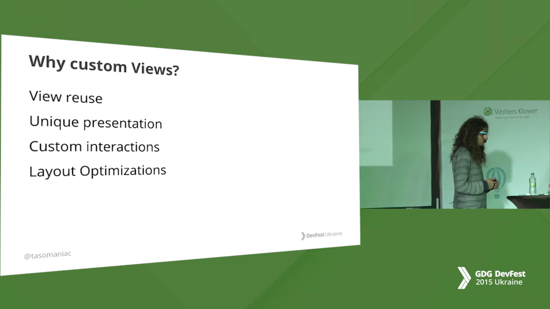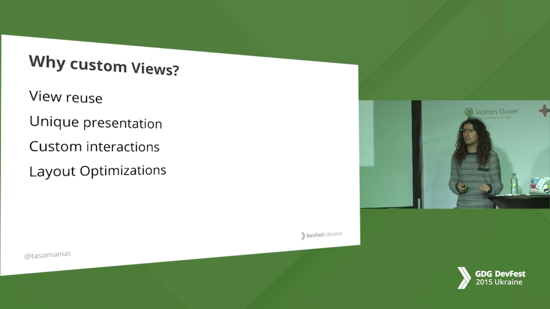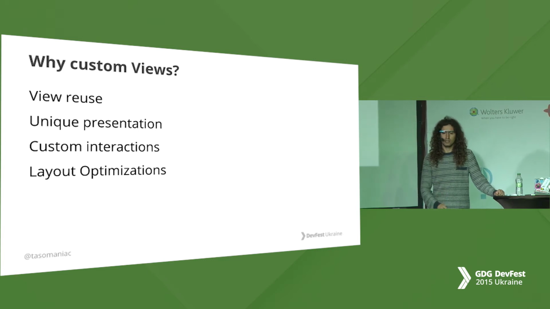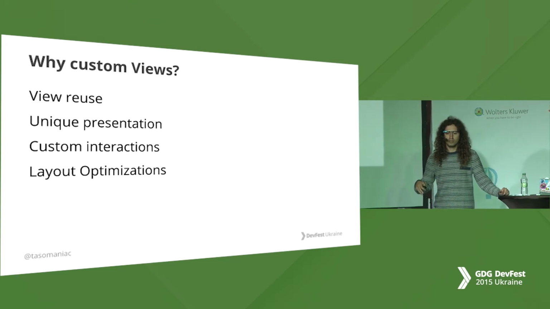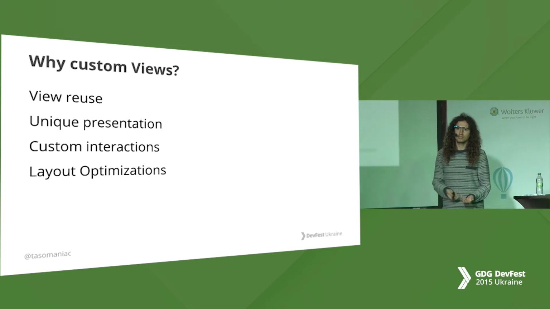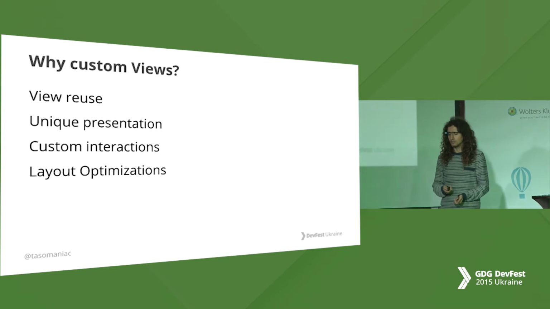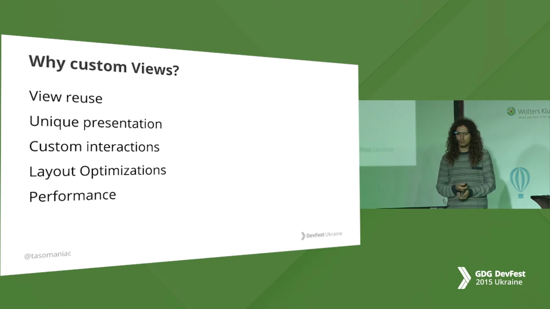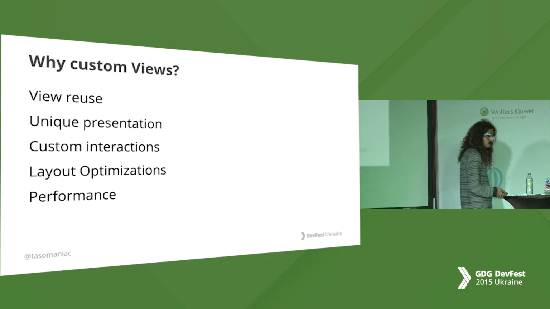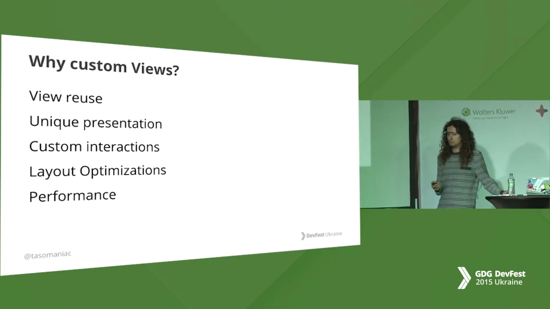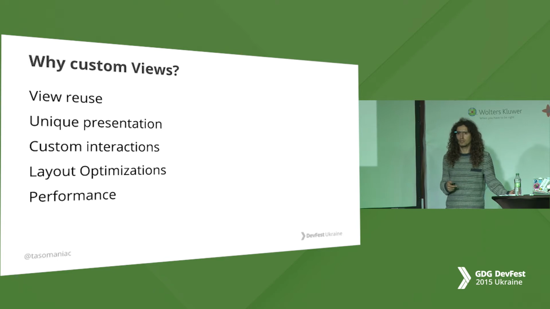And when you use the built-in view groups as well, they are really good for simple applications, but when you have a really big hierarchy in your application, it may affect the performance. So layout optimization is also really related to performance, and you can improve the performance of your application just by having custom views.